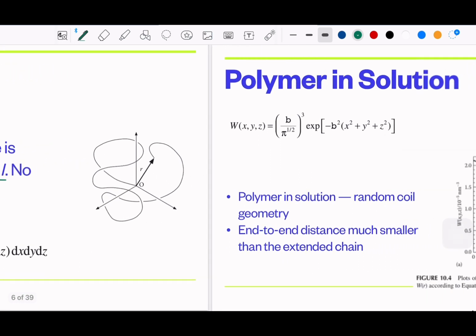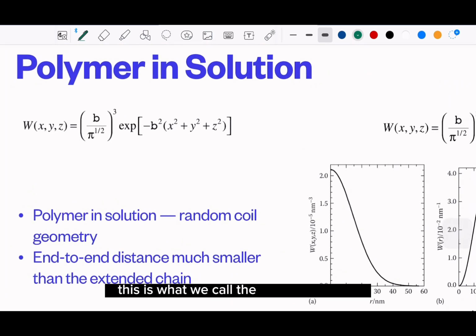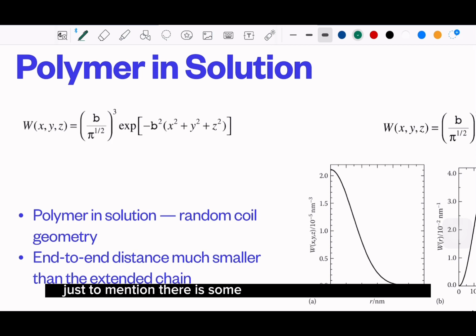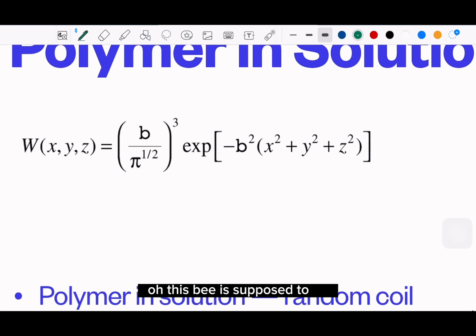So we take that, and then we simply write, this is what we call the probability. Just to mention, there are some notes on mathematics here, but let me just explain quickly. This B is supposed to be not B, it's supposed to be beta. I forgot to change this. So this is beta, this is beta.